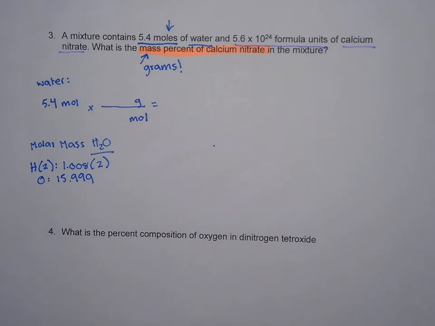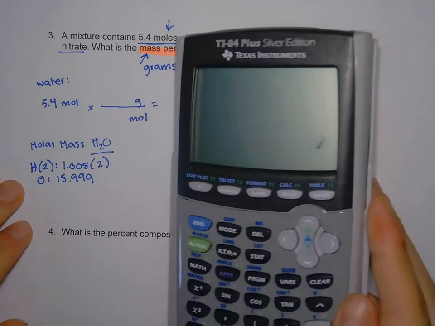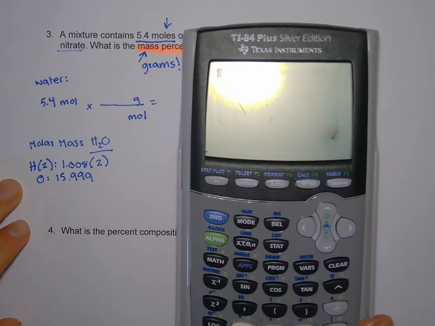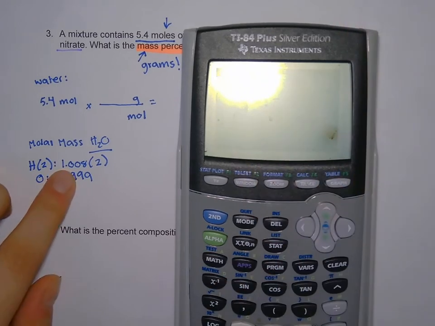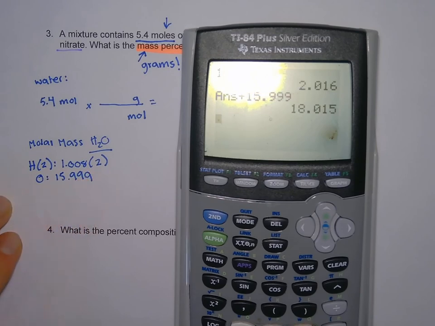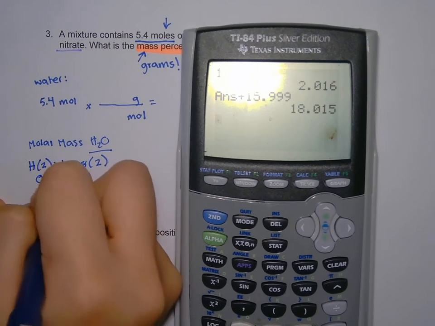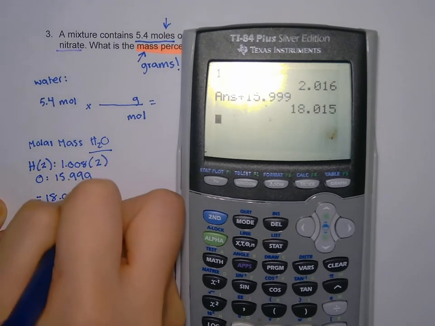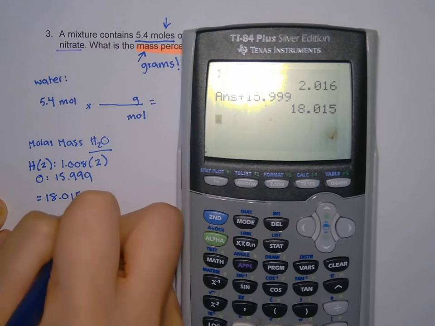So let's use the calculator. I'm more fancy now. I multiply 1.008 times 2 and then add 15.999 to that, and that's going to equal 18.015 grams per mole.